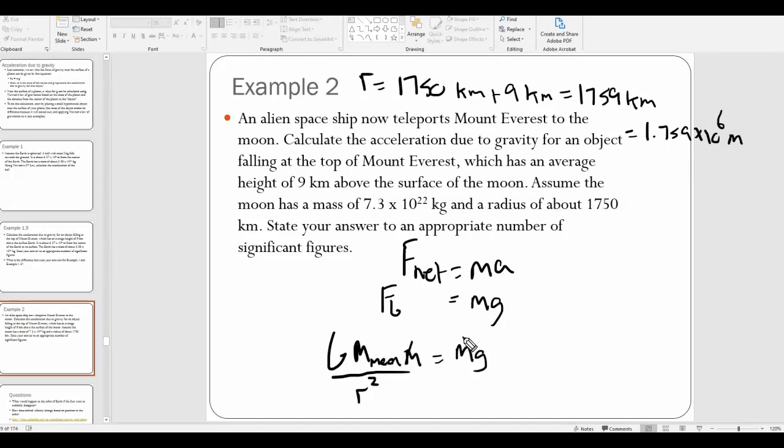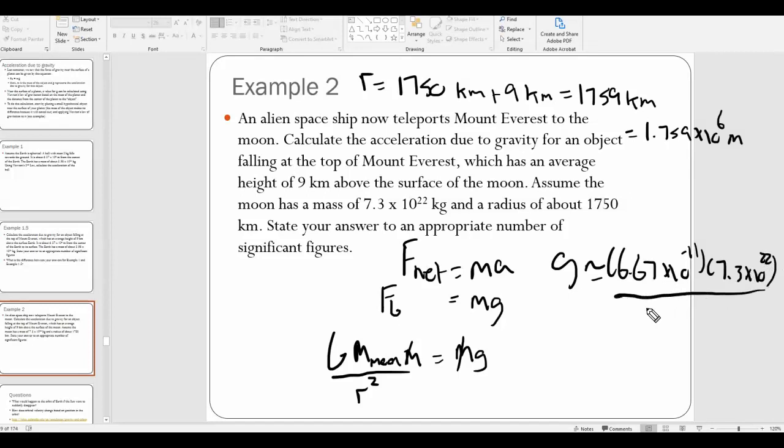The mass of the hypothetical object cancels, and so the answer you should have gotten is, let's see, 6.67 times 10 to the negative 11 times 7.3 times 10 to the 22, and then divide by 1.759 times 10 to the 6 squared.